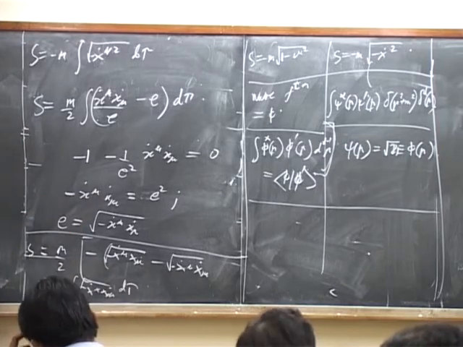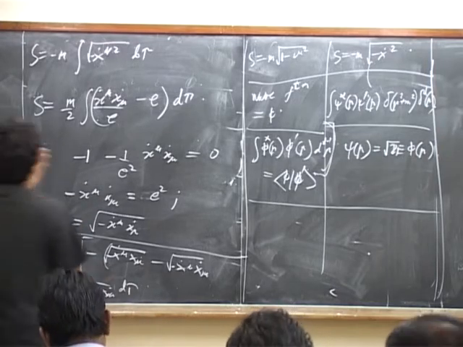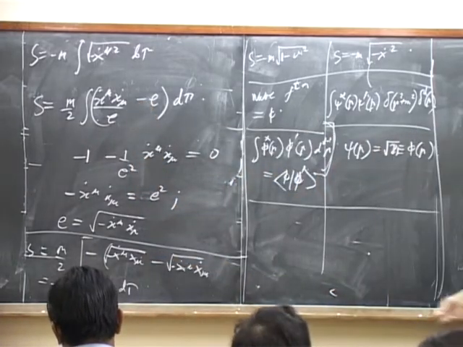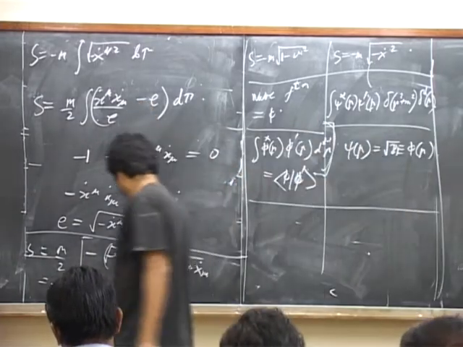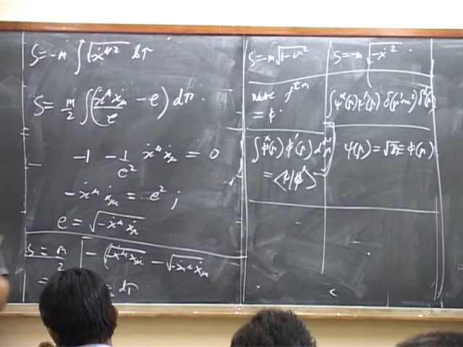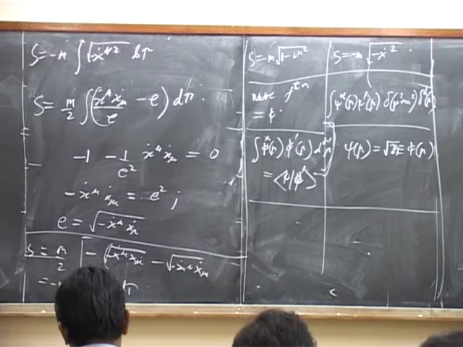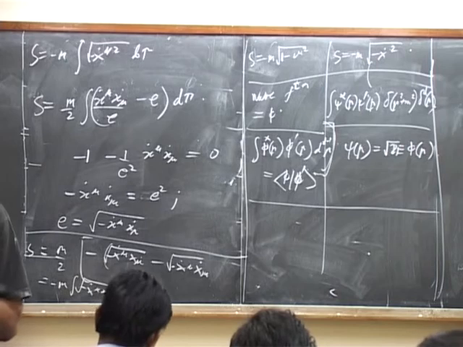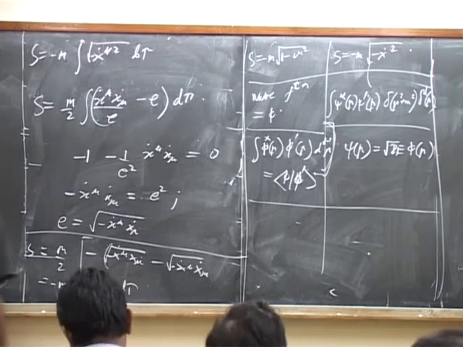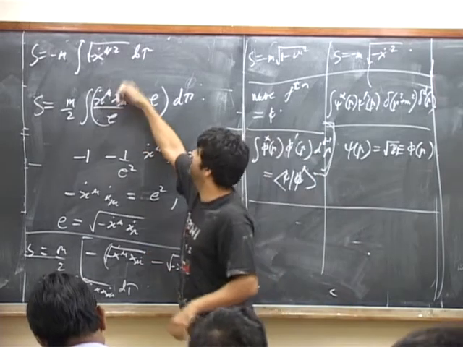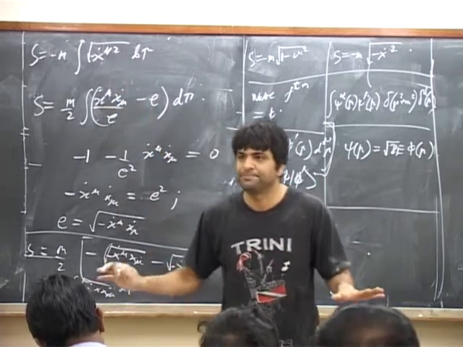So it's the same action as the previous system, once you've solved for E using its equation of motion. For those of you who feel uncomfortable about working with actions once you've put in solutions to equations of motion, something you should be uncomfortable about in certain situations, I encourage you to check that the equations of motion you get from these two actions are the same.